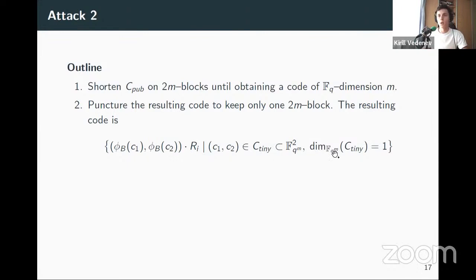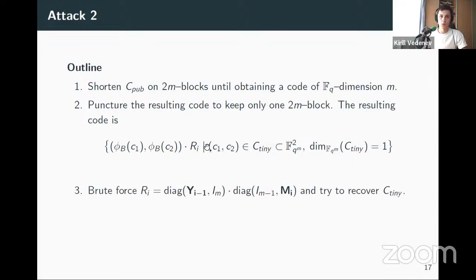It turns out that the resulting code is of the following form, where the tilde code is a code over the field extension of dimension 1, and in order to recover Ri, we can just try brute forcing. First, we note that Ri can be represented as follows, and by brute forcing and trying to recover the tilde code, we can find the right one.